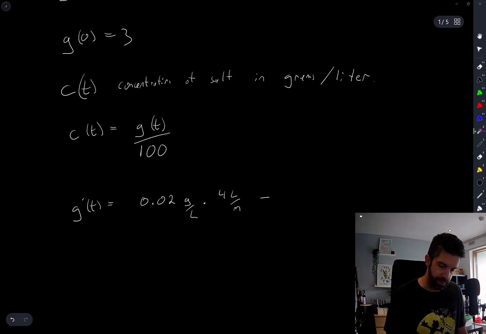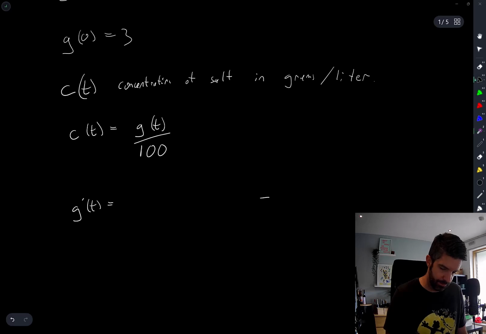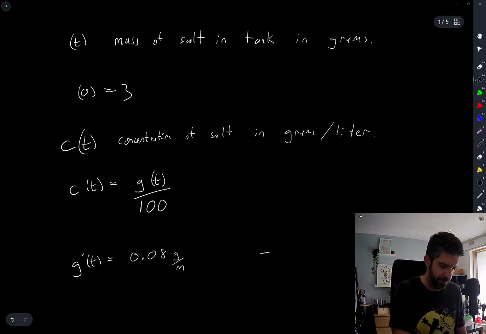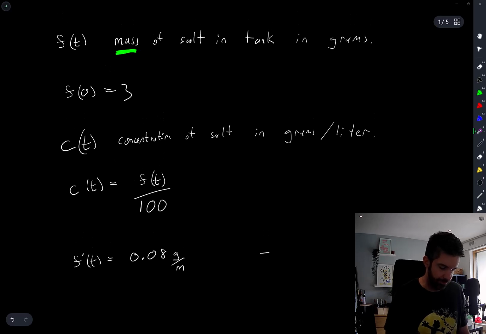In fact, let me make the simplification immediately: 0.08 grams per minute. Oh, hold on. I'm going to change G to F so that we don't confuse the symbol for the function with the unit gram. Okay, units make sense here, right? F represents a mass, so F prime should represent a rate of mass change. There we go, grams per minute.